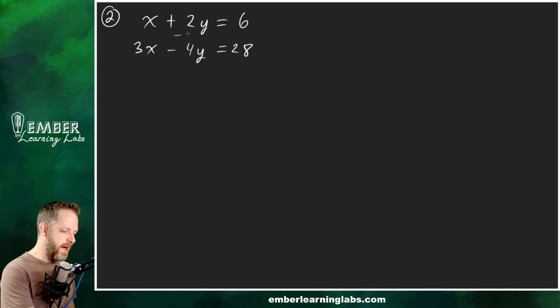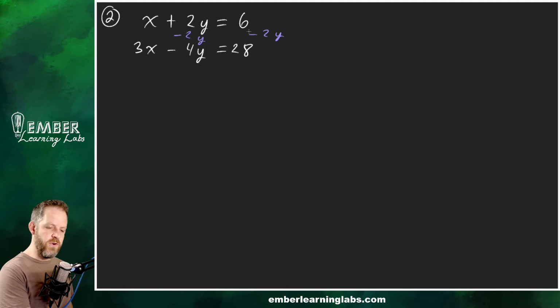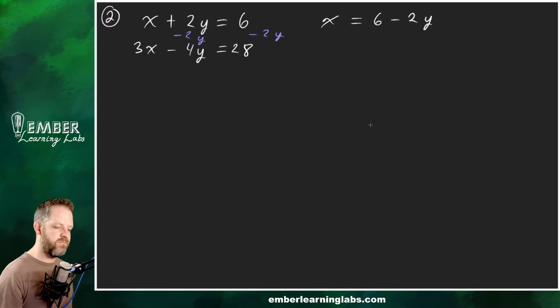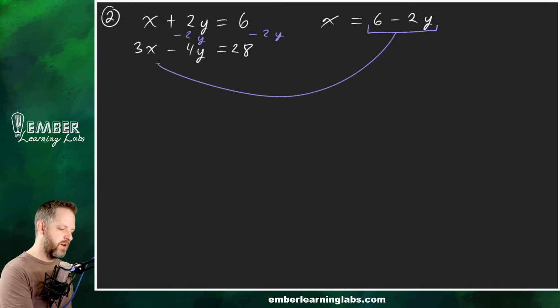So we're going to subtract 2y. If we do it on this side, we've got to do it on this side too. So the first one turns into x equals 6 minus 2y. Now we're going to take that and substitute it. Because all of this equals x, we're going to sub it in for x in the other equation.